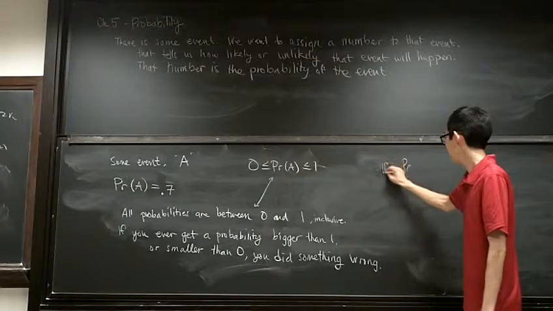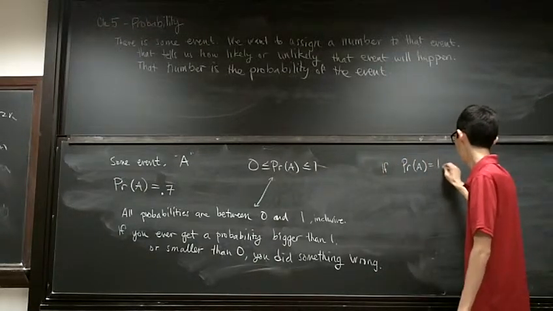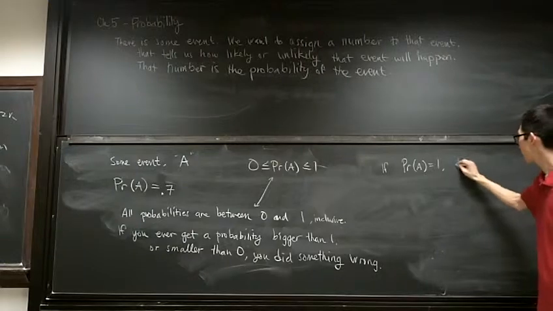Okay. If probability of A equals 1, then A always happens.